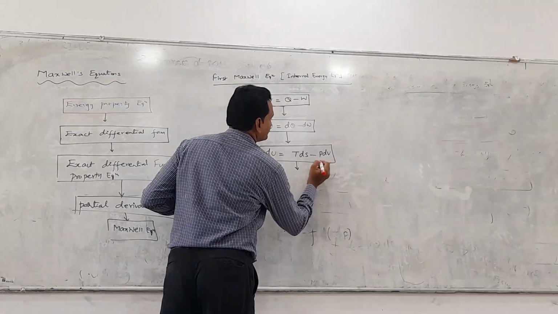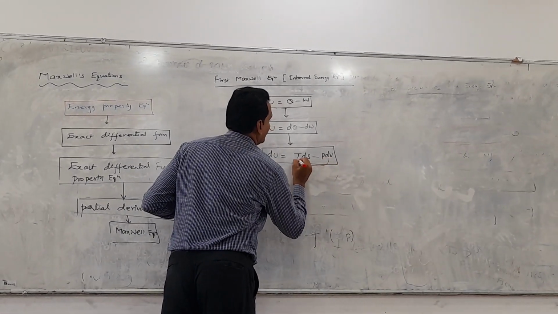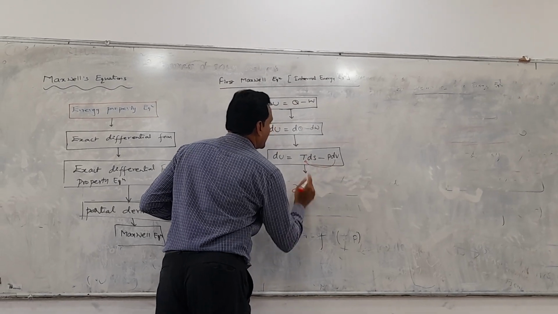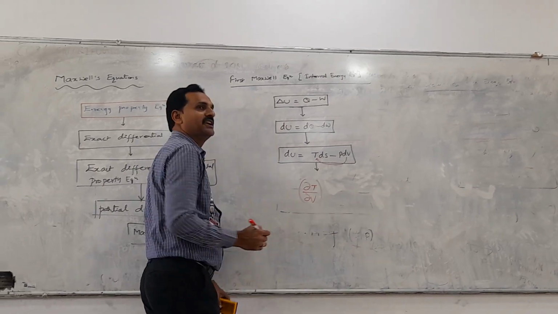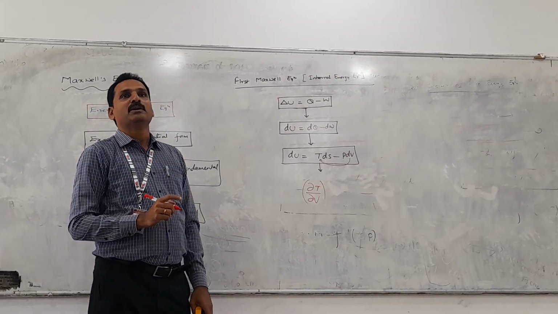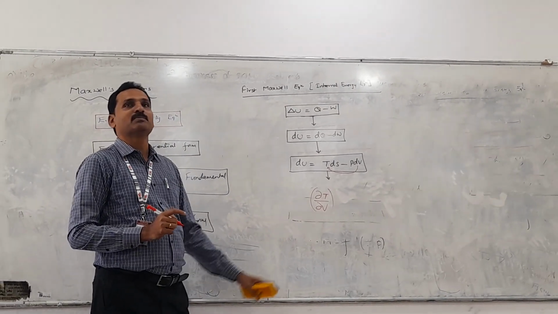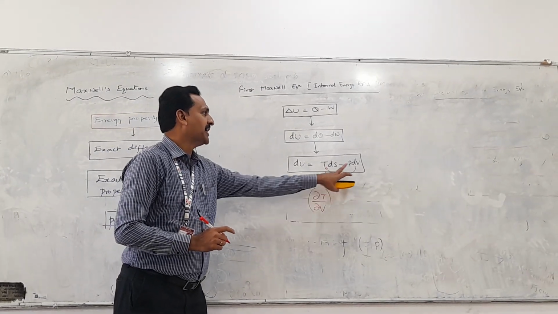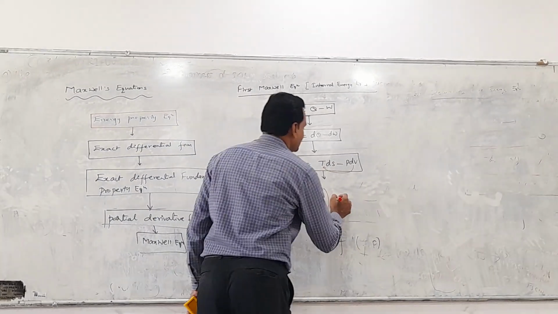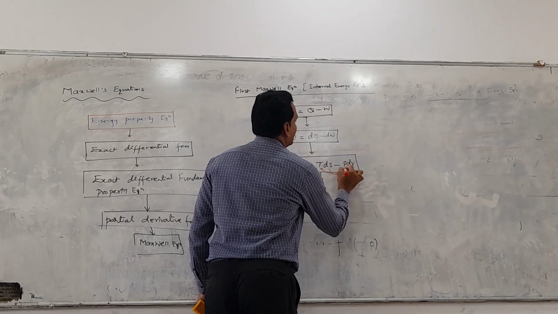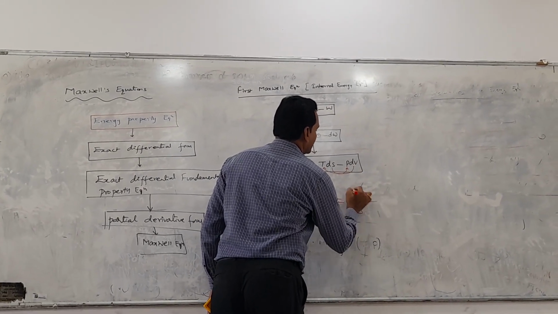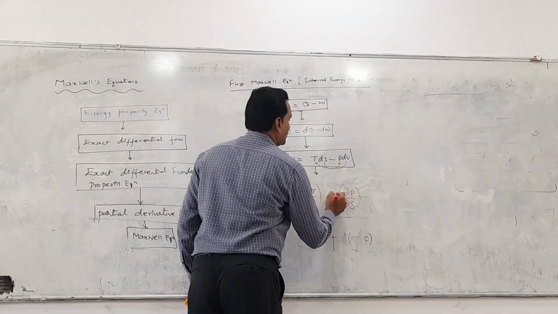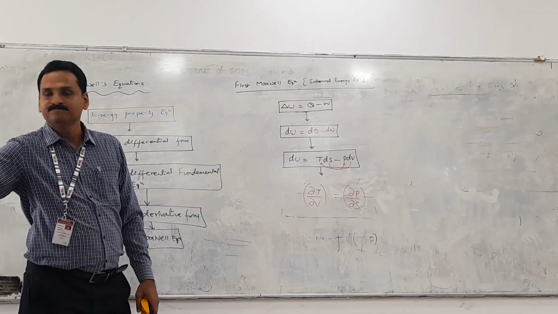Dou T by dou V. Partial derivative form means let's apply the dou. Dou T by dou V is equal to dou P by dou S. There is a minus sign, we should add a minus sign here.